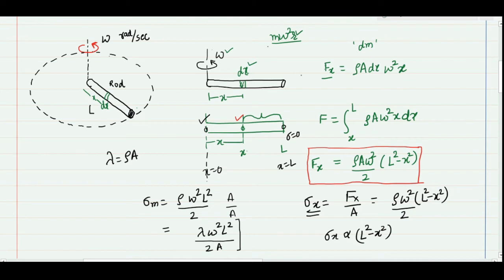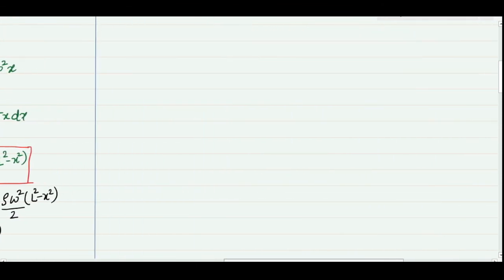After calculating the stress, let's calculate the change in length due to the centrifugal force. For that purpose, again consider a small segment of del x at a distance x, and first write the formula for change in length for dx. Let's consider that if the centrifugal force is acting on this length del x, what will be the change in length? Let's write it as del E. My force at a distance x will be Fx.